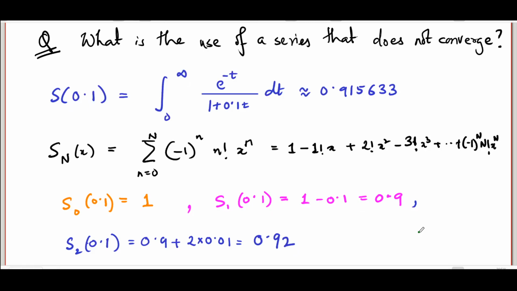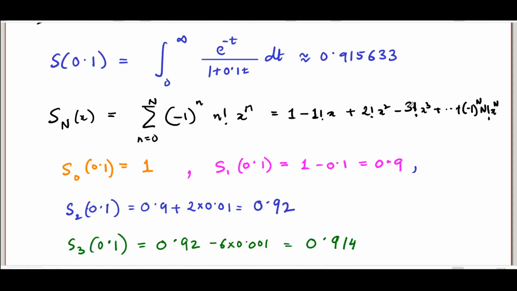Well, what about 3 terms up to S2? Well, that's basically 0.9, S1, to which you are going to add 2 factorial times 0.01, so 0.92. Not really bad at all. Well, what about S3? From 0.92, sum up to this, you have to subtract 3 factorial times x cubed. Minus 6 into 0.001, that is minus 0.006 has to be subtracted.